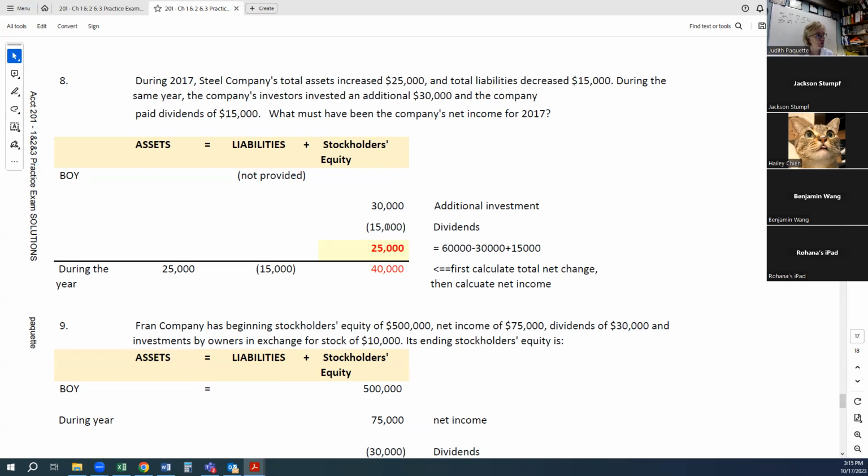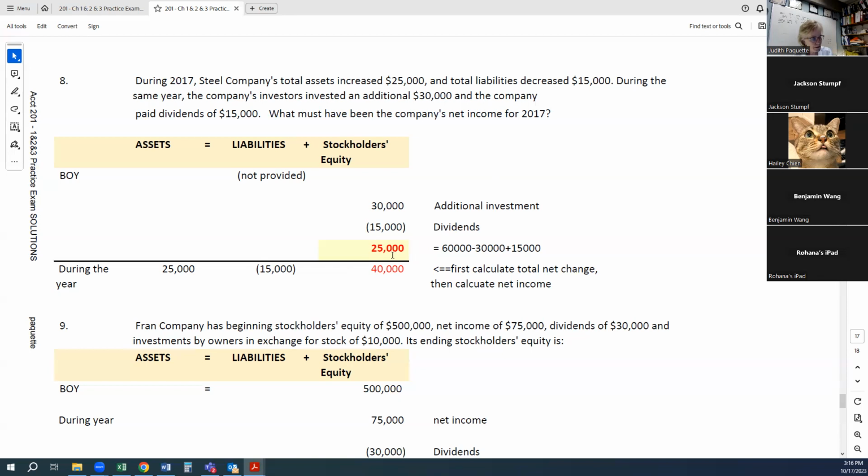And then it's only a question of how we get to the 40,000. We've got the additional investment, we've got minus dividends, but the one piece we don't know yet is net income. Remember, when we calculate retained earnings, we start with beginning balance plus net income minus dividends equals ending balance.